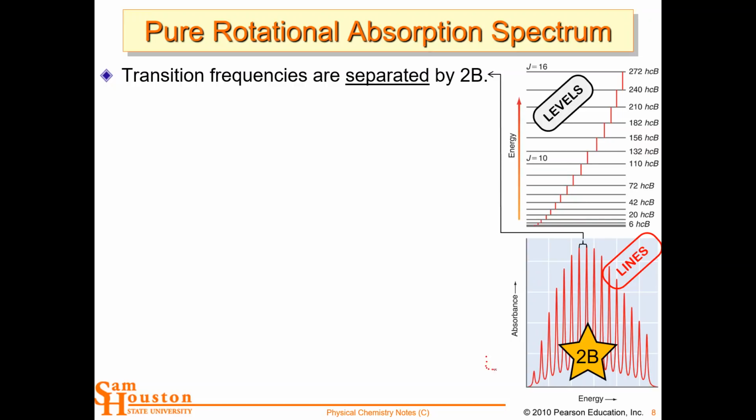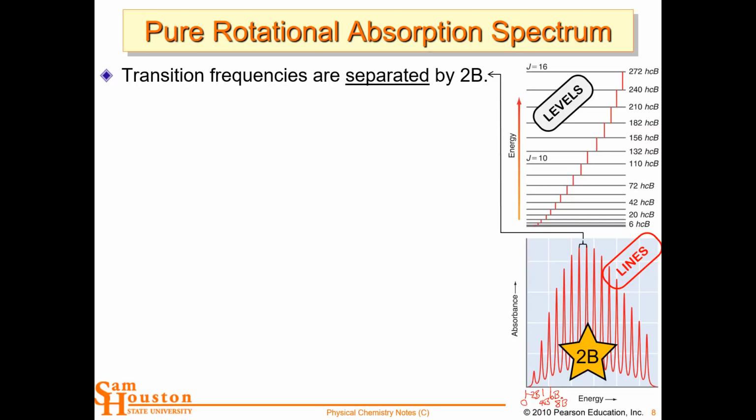And so that's the location of these lines. If this is 0, this one's at 2B, then this one comes in at 4B, this one comes in at 6B, then 8B, right? So the difference between all of those peaks is 2B.